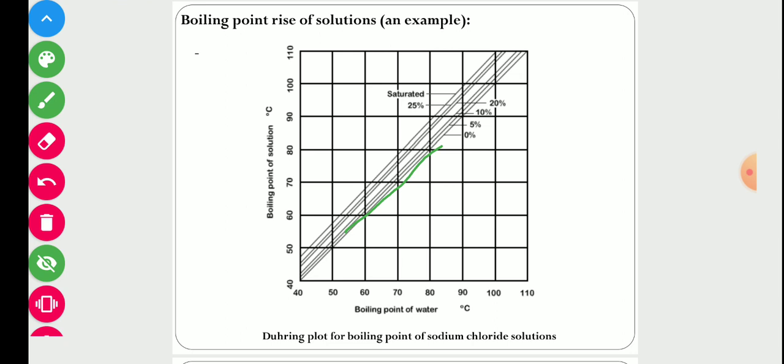But if we gradually increase the concentration of solute, like in the uppermost line, the solute concentration is 25%. So as we increase solute concentration, its boiling point increases. With the help of this Duhring curve, we can find out the boiling temperature of the solution at a particular concentration.